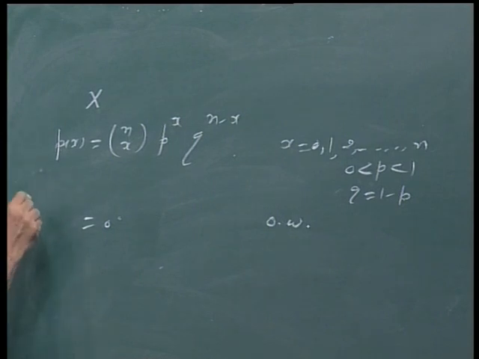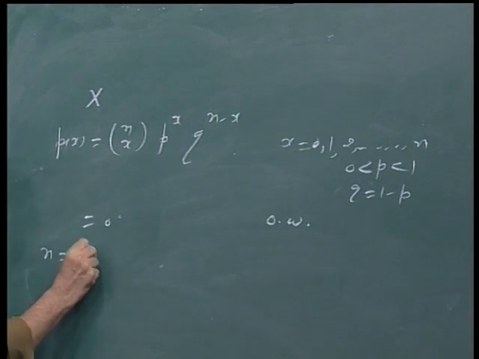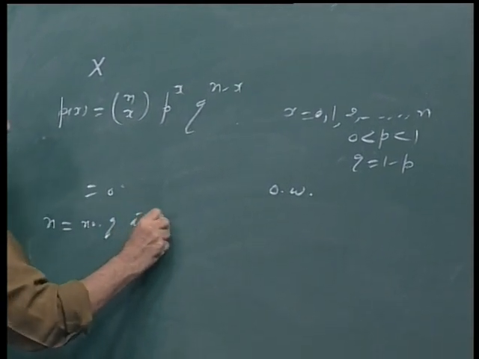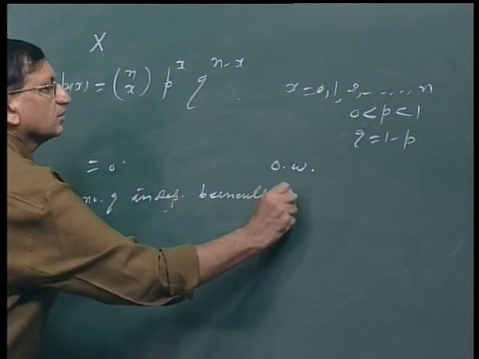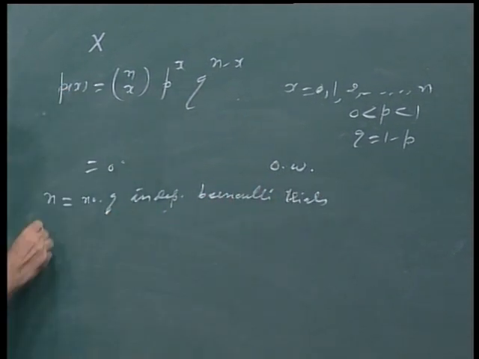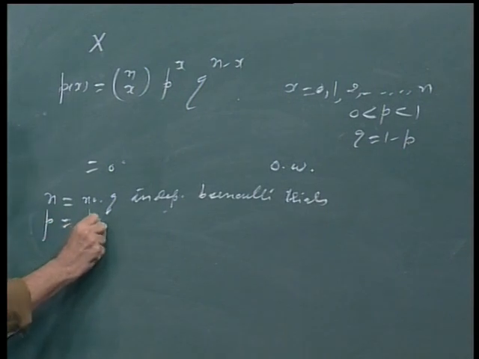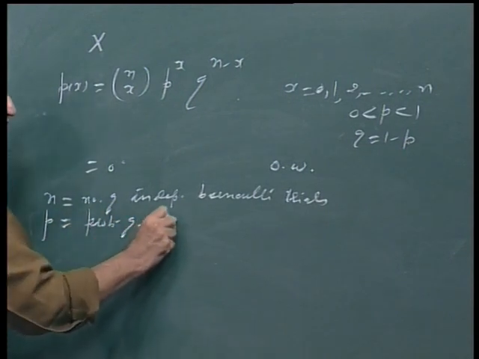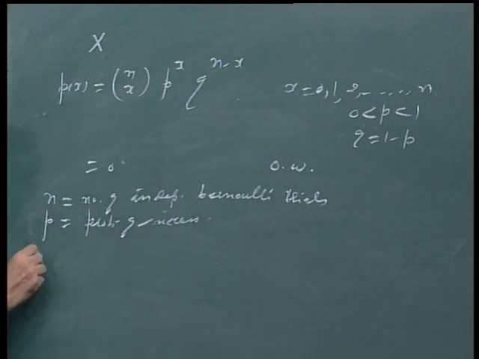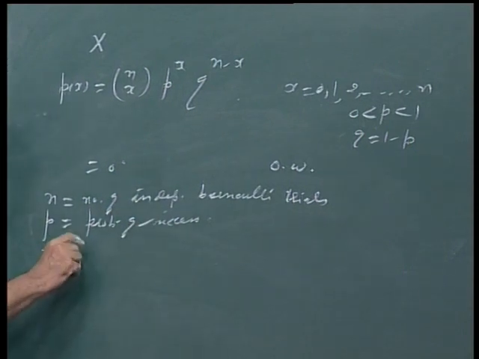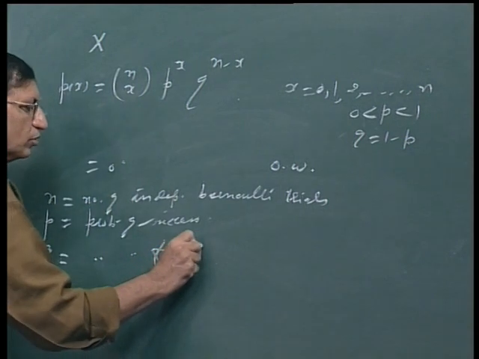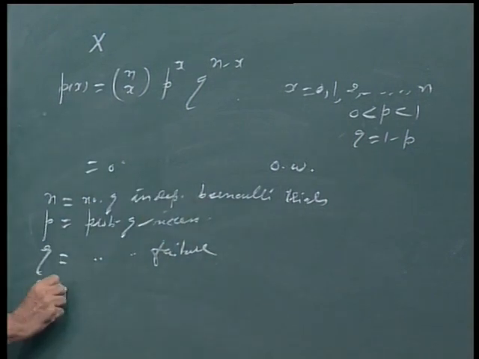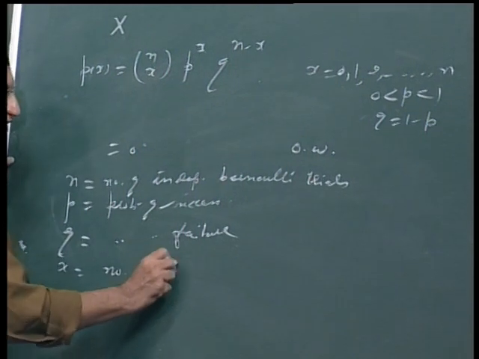Here n is the number of independent Bernoulli trials, P is the probability of success at each trial, Q is 1 minus P, the probability of failure for each trial, and x is the number of successes.